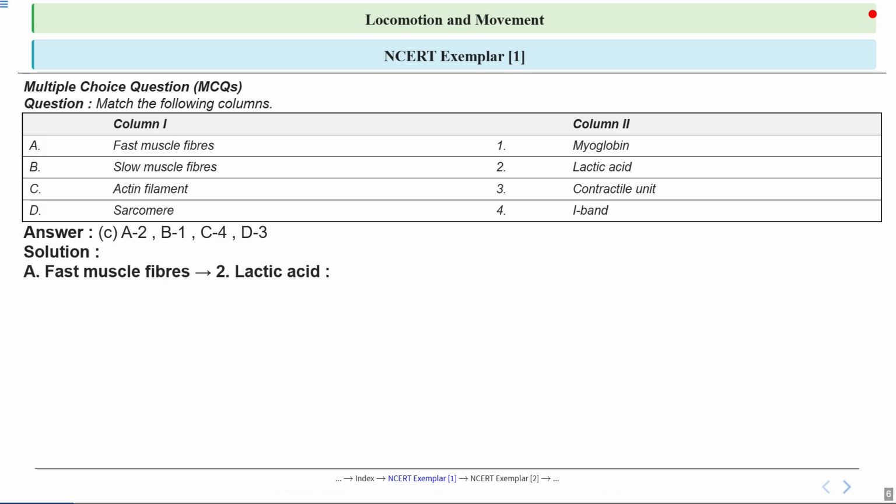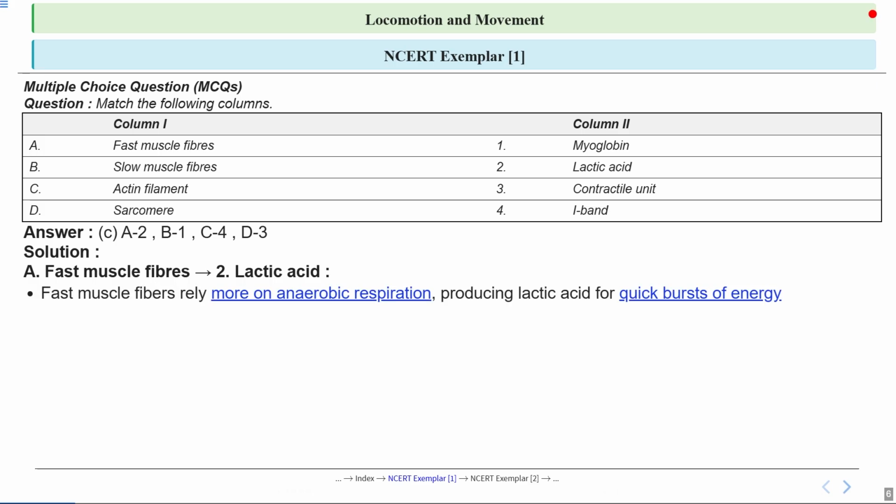Let's see the reasons. First, talking about A, which is fast muscles, matched with 2, which is lactic acid. Why? Because fast muscle fibers produce lactic acid during anaerobic respiration. Now, talking in detail, fast muscle fibers mainly use anaerobic respiration, which means they don't need oxygen to produce energy.